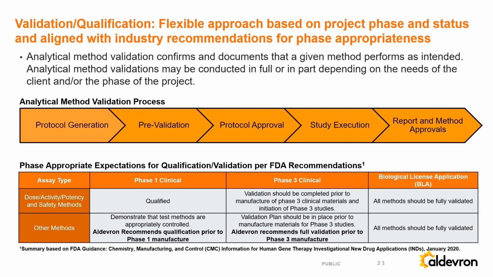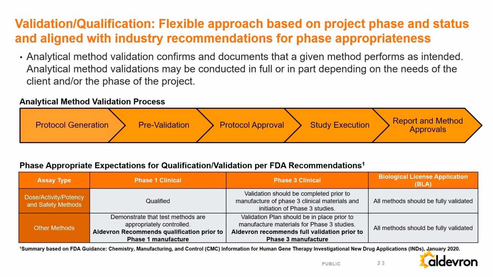But when Aldevron thinks about it, we refer to qualifications as partial validations of a method, including selection of a subset of validation parameters to demonstrate method suitability for early phase programs. It is that partial validation, that phase appropriateness.